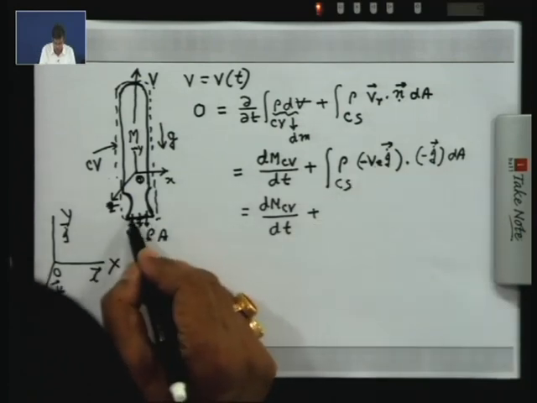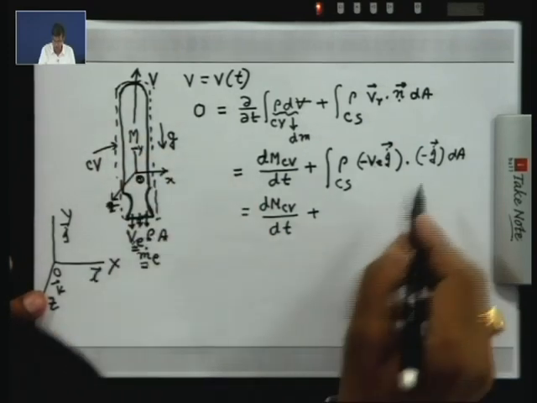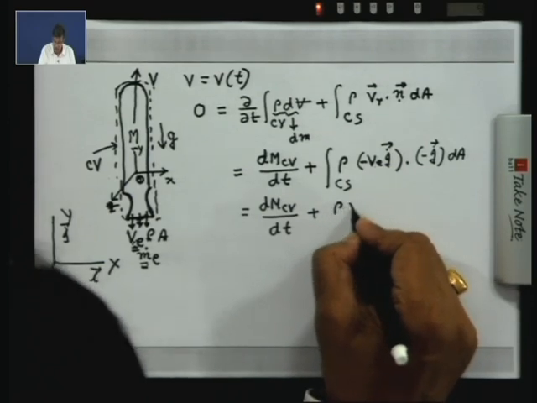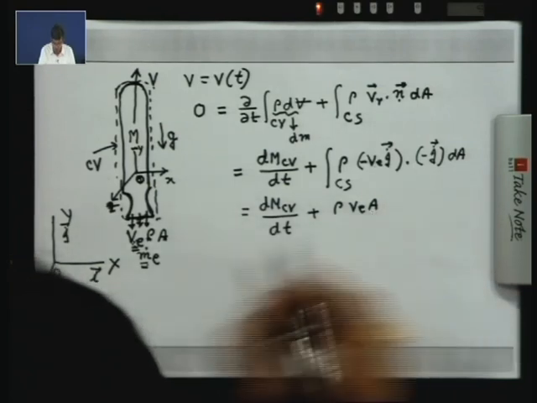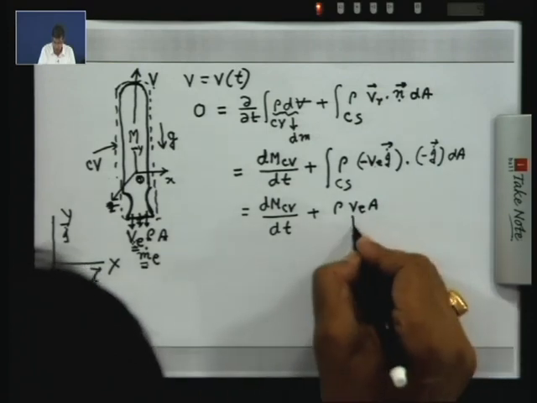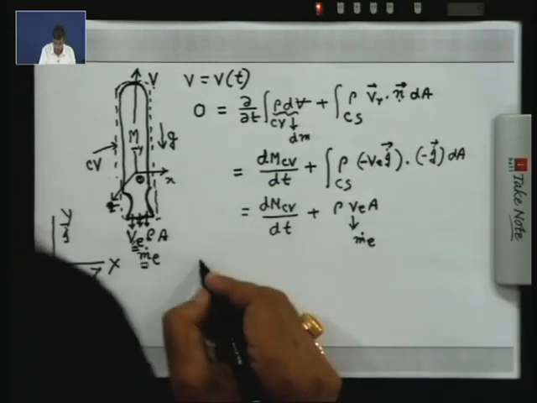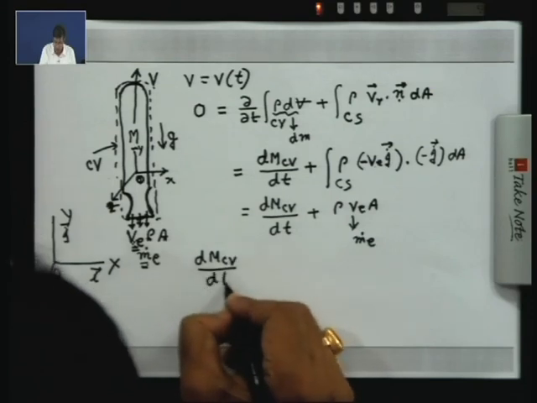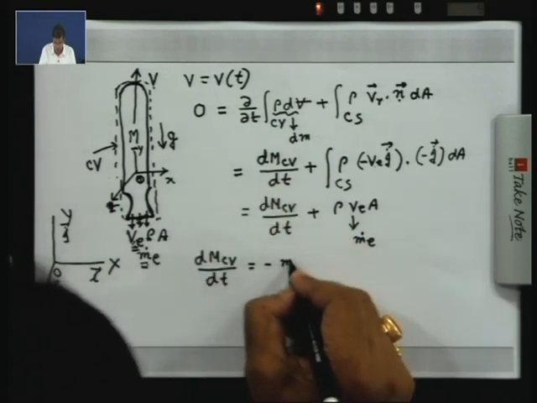This is the control surface, the outer area of the nozzle, nowhere else is there any flux. So, it is simply the area A, that means plus rho VE into area A, and rho VE A is defined as m dot E, the rate at which the jet is coming out. Then we can write dm CV dt is equal to, if you replace this with m dot E and take it to the other side, minus m dot E.